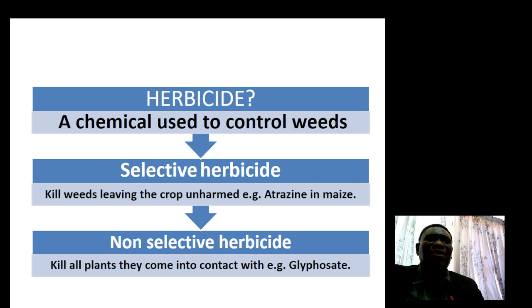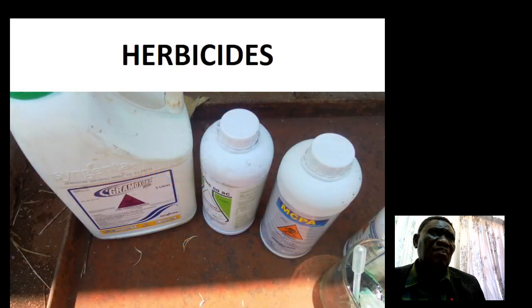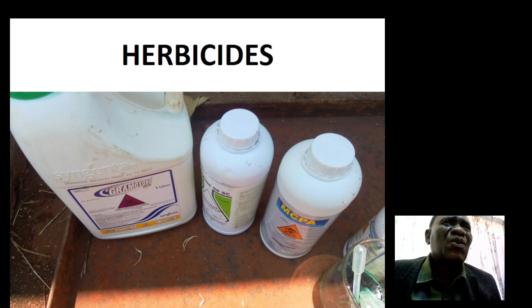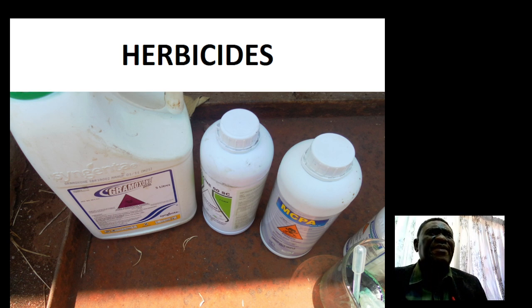So that chemical which doesn't discriminate in terms of killing is non-selective. So we have herbicides which are packed in containers, and they have some instructions.